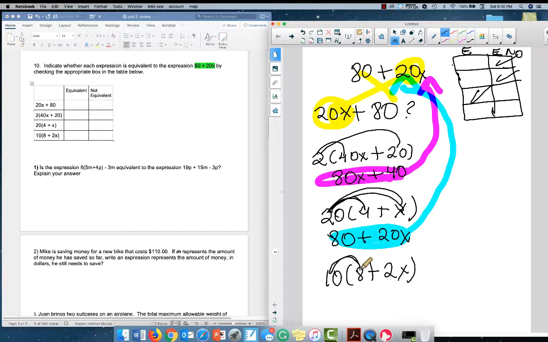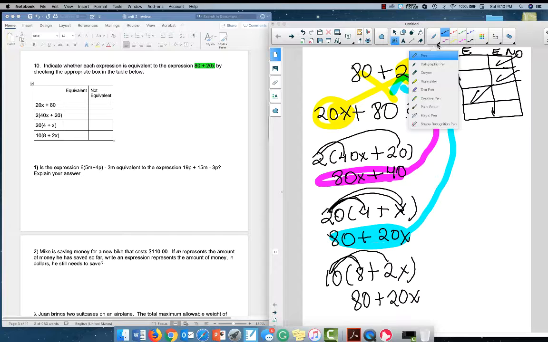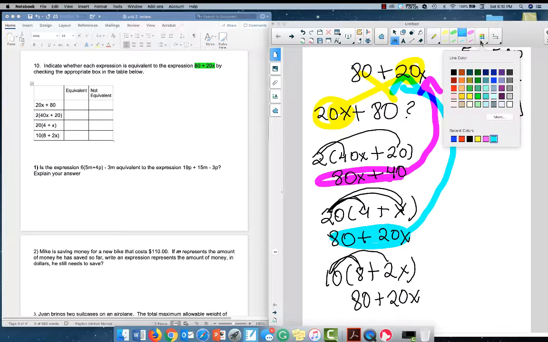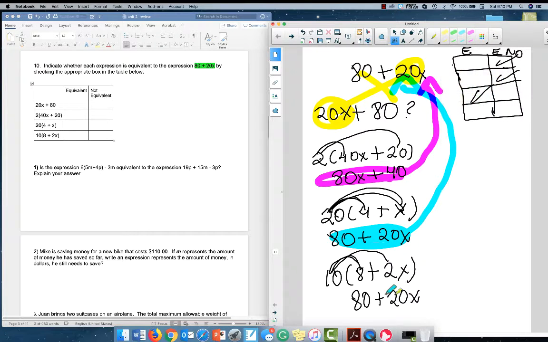Okay, 10 times 8 is 80. So far, it looks good. 10 times 2x is 20x. What do you know? All right. It works. See if we can get a cool highlighter. Oh, yes, it works.